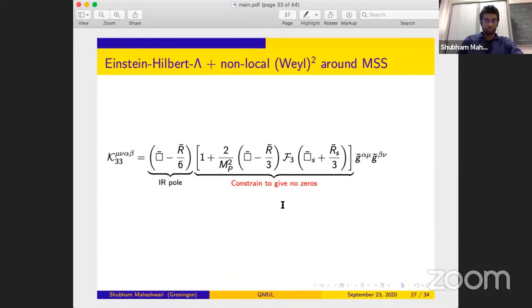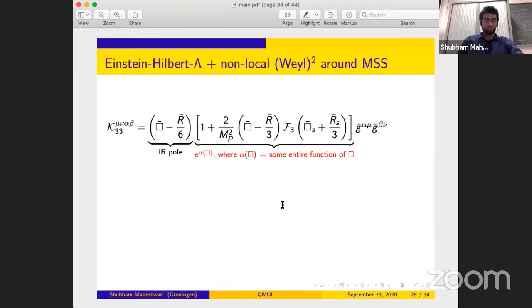So again, to avoid that, I will just impose that this is an exponential of an entire function, which is the Weierstrass product theorem. If I constrain this to have the form of an exponential of an entire function, then this term will not introduce any new zeros, and therefore you don't have any new degrees of freedom in the theory, and therefore you don't have any ghosts as well.